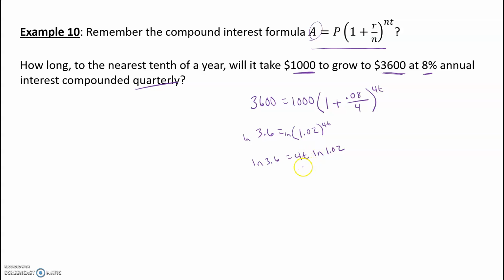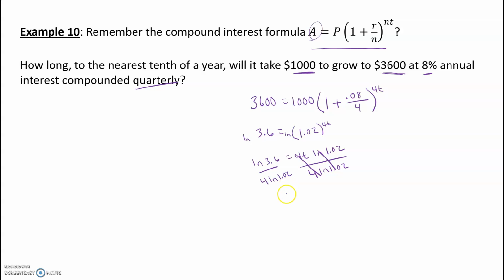And we want to get t alone, so we're actually going to divide by 4 and the natural log of 1.02 on both sides. 4 natural log of 1.02. So that'll go away and that'll go away. And that's what you're going to type in your calculator. You're going to do natural log of 3.6 divided by 4 times the natural log of 1.02.